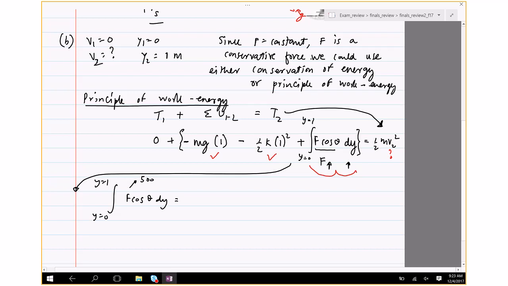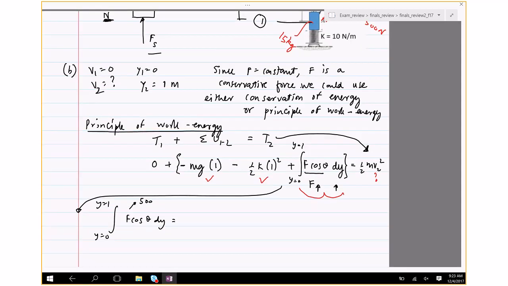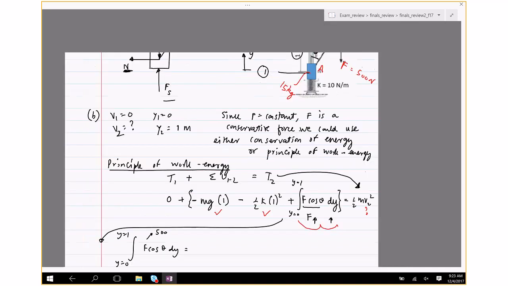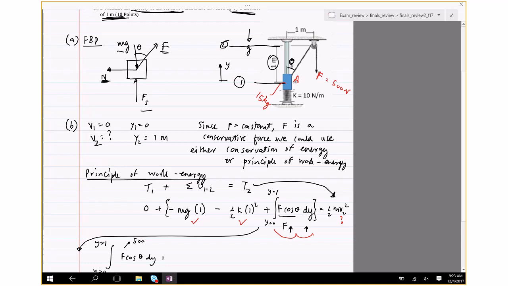Does it become sine theta d theta? No, if it was cosine theta d theta, yes, you could do that, but there's cosine theta and there's dy. So the question is, is cosine theta constant with respect to y? Well, no, because the angle is changing. The angle theta is a function of y.